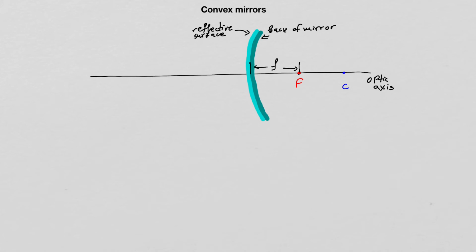And the distance from the center of curvature of the mirror to the mirror is the radius of the mirror. The relationship between the focal distance and the radius remains the same. The focal distance is equal to the radius divided by 2.